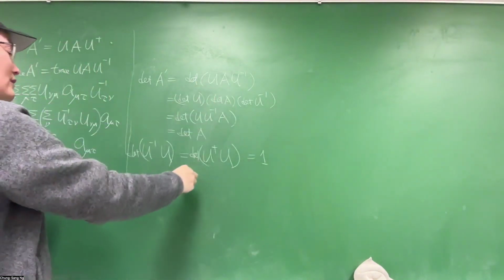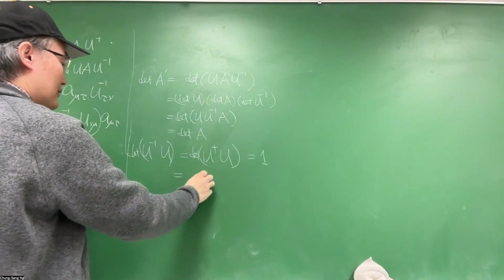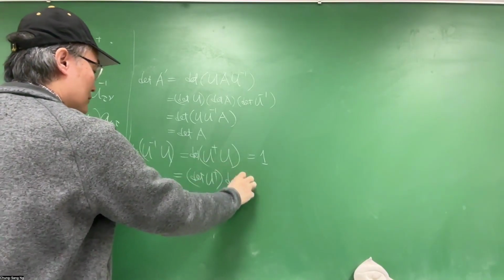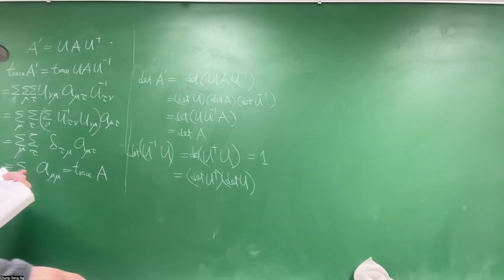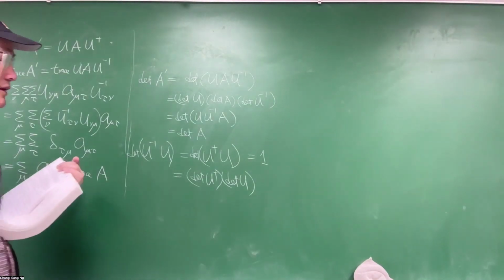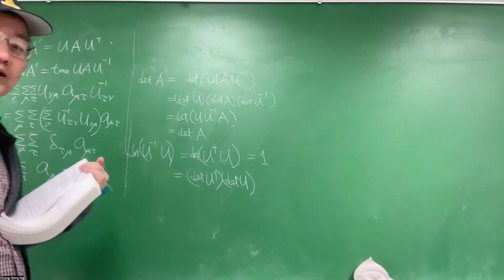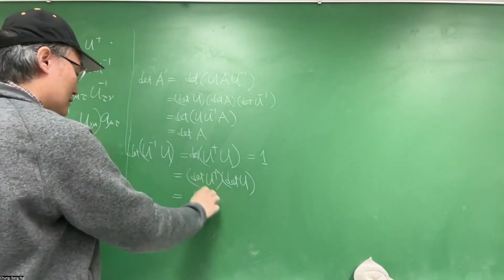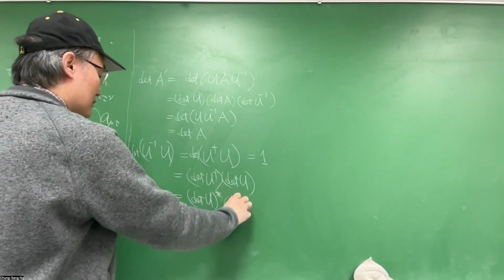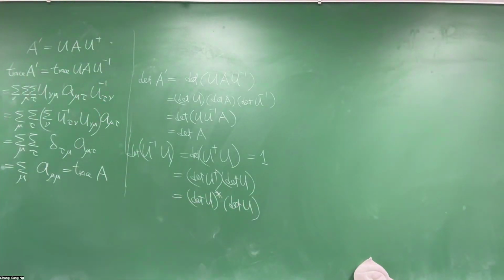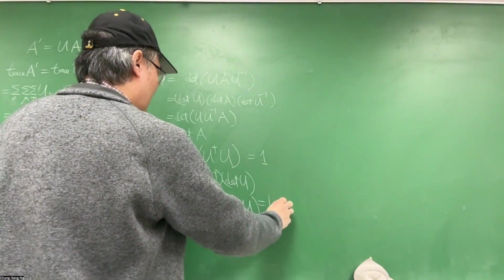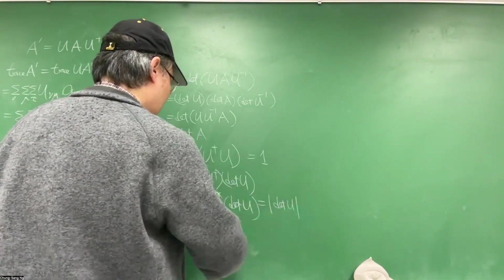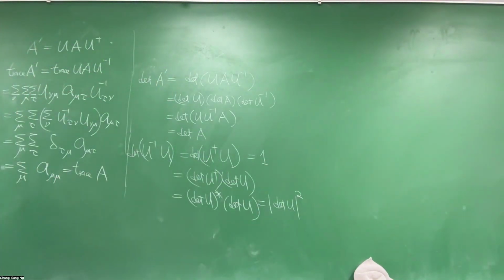Then use the same theorem: this is the determinant of U dagger times the determinant of U. But the dagger is just transpose and complex conjugate, and the determinant of a transpose is the same as the determinant of the original matrix. So this is the determinant of U complex conjugate times the determinant of U. So the complex magnitude squared of the determinant of U is just one.